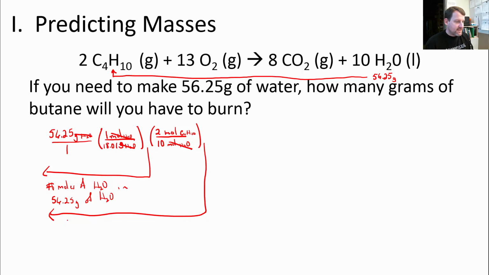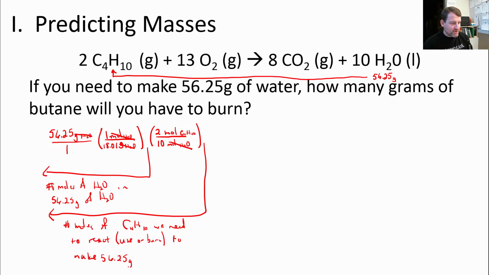So this tells us the number of moles of C4H10 we need to react. I could use words like use or burn here as well. So all these words work great. Need to react to make 56.25 grams of water.